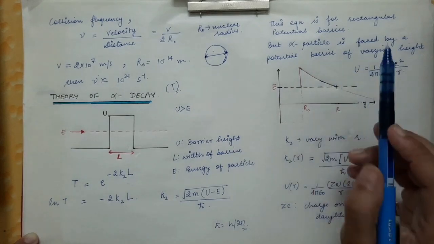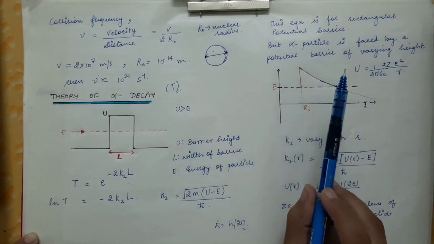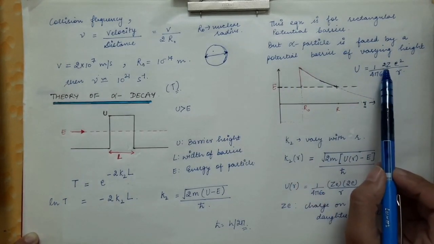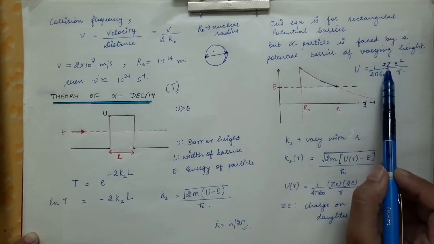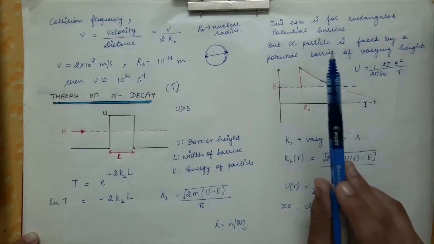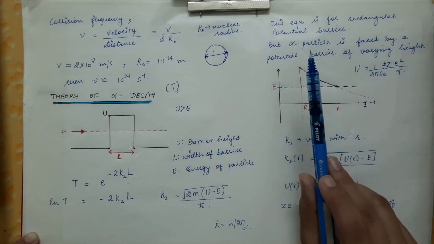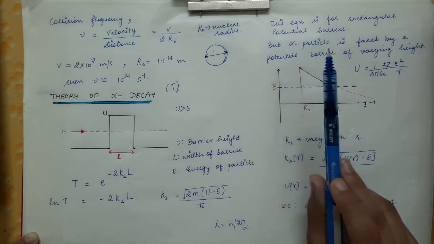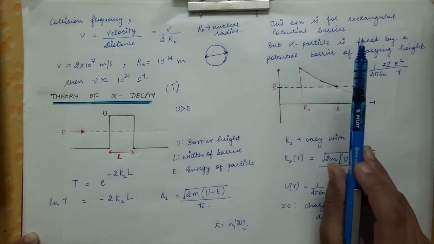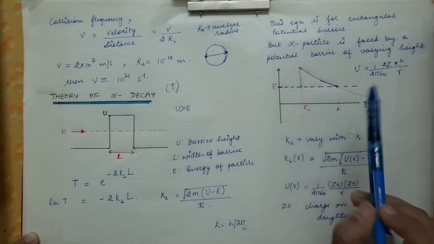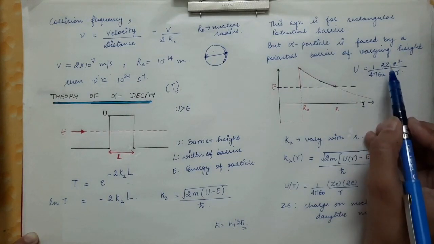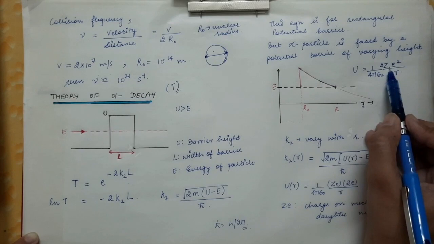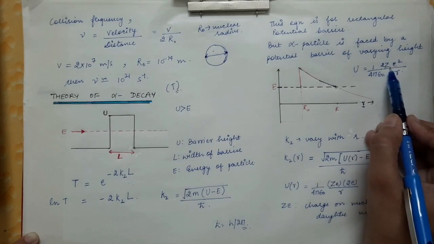In the previous page, we wrote the potential energy as 2 into Z minus 2, where Z was the proton number in the parent nuclei. So Z minus 2 just gives us the proton number in the daughter nucleus. So I have just replaced Z minus 2 with Z, and now Z will be the proton number in the daughter nuclei.